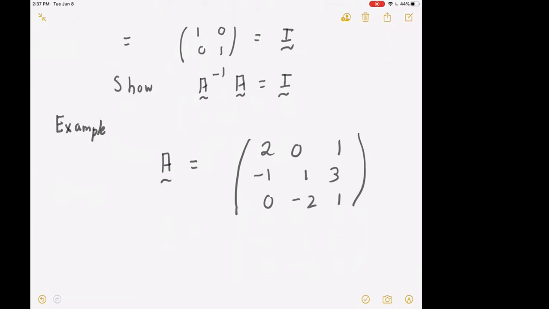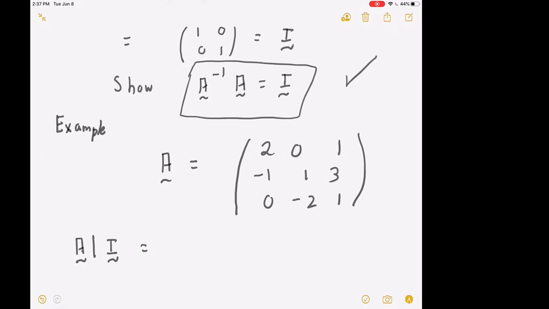If you don't do this correctly, you just make one little subtle mistake, which I have done in either a sign or arithmetic or transposing a number, you will not get the correct answer. That's the bad news. The good news, you can always convince yourself you made a mistake by going back, taking the matrix that you think you have an inverse for, and verifying that that identity is true.